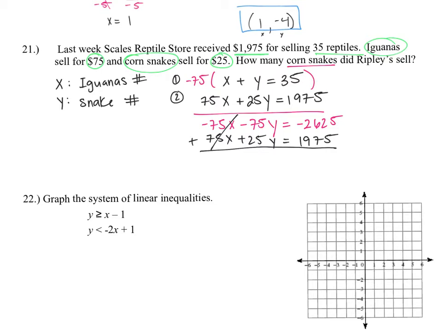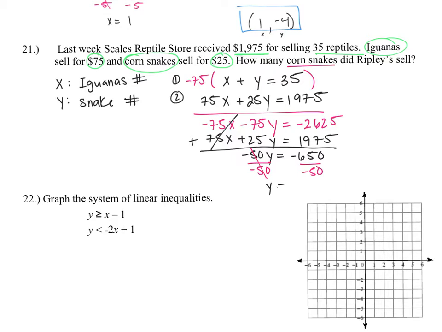So if I combine these two equations, it looks like the x's finally do cancel. Negative 75 plus 25 gives me negative 50y. And then negative 2,625 plus 1,975. If I put this in my calculator here, I get negative 650. Now it looks like I need to divide over negative 50. So that would cancel.